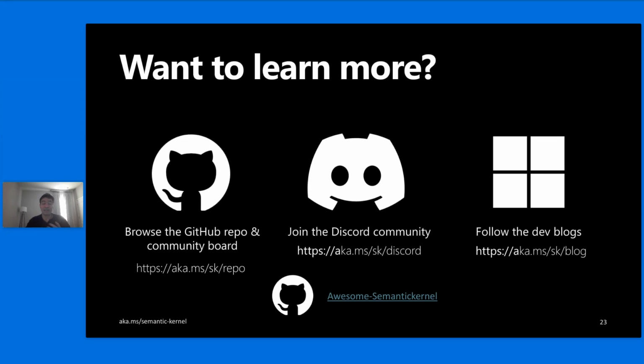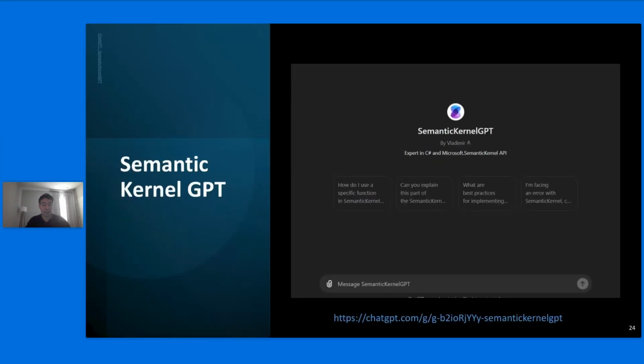They have a Discord community that is very active. I tell you, the blog, they put a lot of things all the time. And I put another one here that I found in my search. You remember everybody has Ask Maui, and they have Ask Semantic Kernel. So you can have the Ask Semantic Kernel.